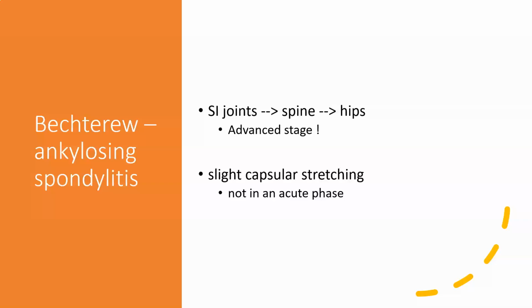So if the ankylosing spondylitis already affected the hips, then that means that the disease is already in an advanced stage. And of course, the treatment of ankylosing spondylitis is a little bit more than just capsular stretching and mobilization, but I talk more about that in the specific chapter in the spine module.